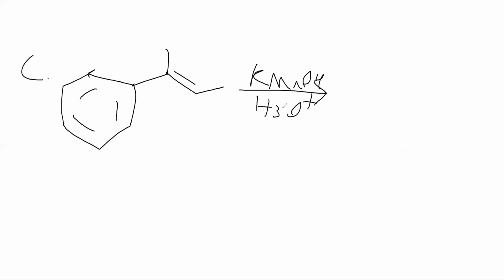Do you guys know what these conditions lead to with an alkene? Okay, they're also going to cleave the double bond. So it's going to be similar to the ozone reaction, but not exactly the same.